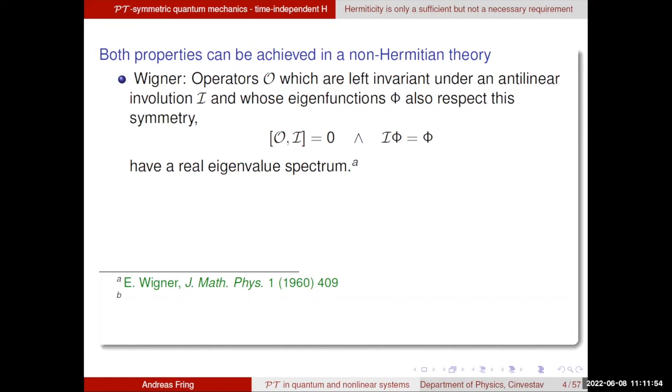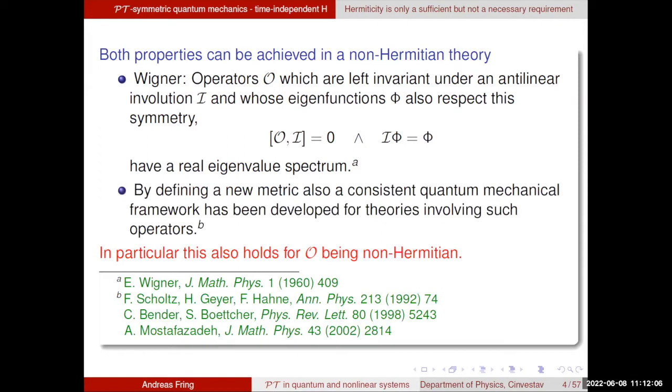And as I already said, both of these properties can also be achieved using non-Hermitian systems. This goes back, and I'll explain this in a bit more detail, to an old paper by Wigner from 1960, who showed this property here.